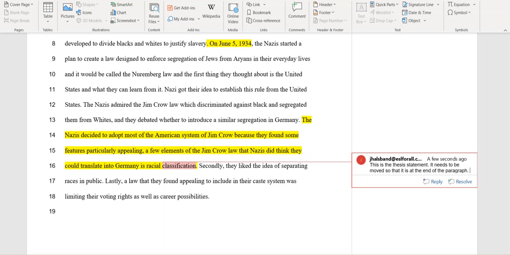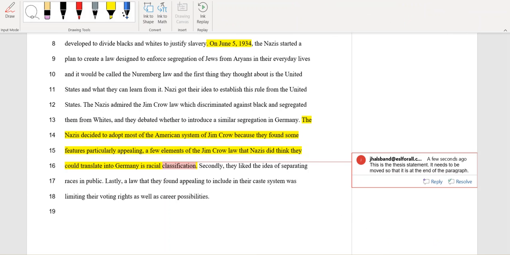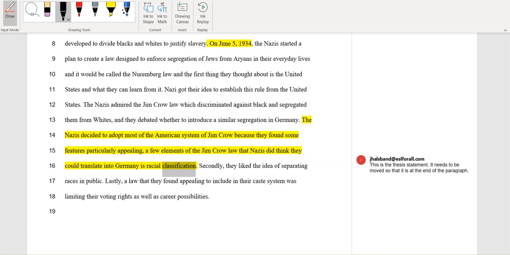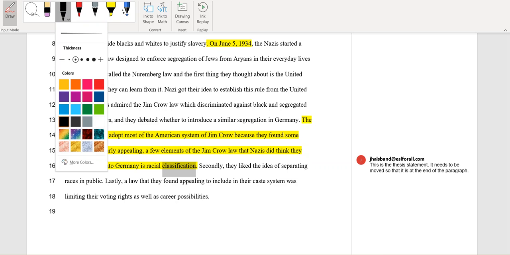Now, if you're using a touchscreen computer, you can also go ahead and use the draw mode, and you can just choose an ink here, right?